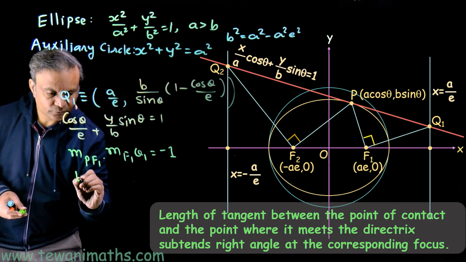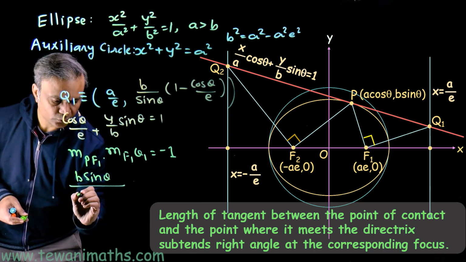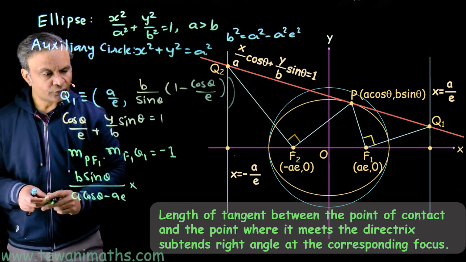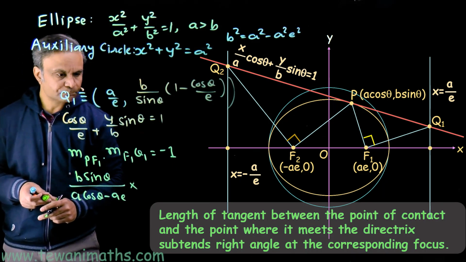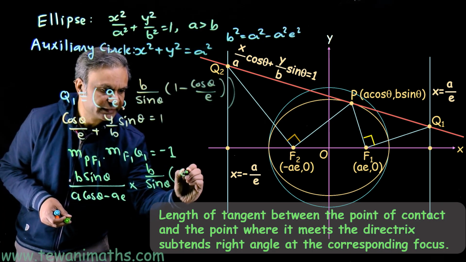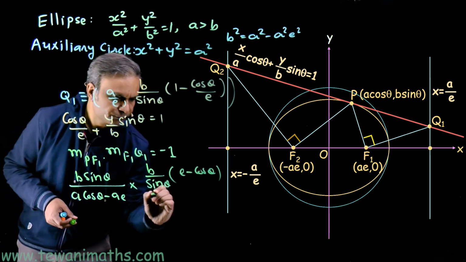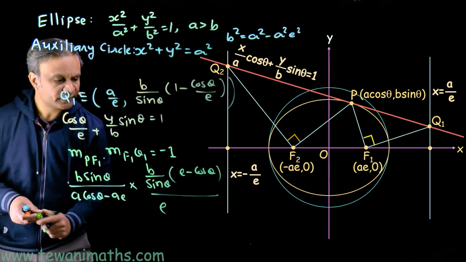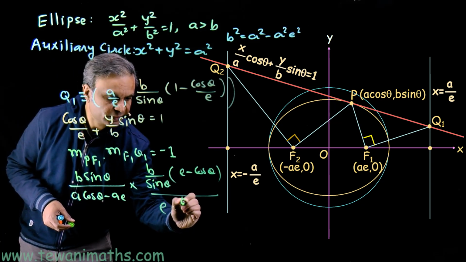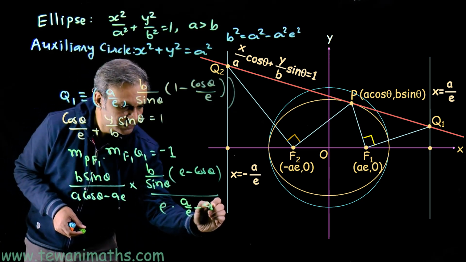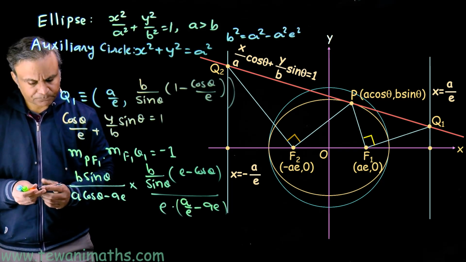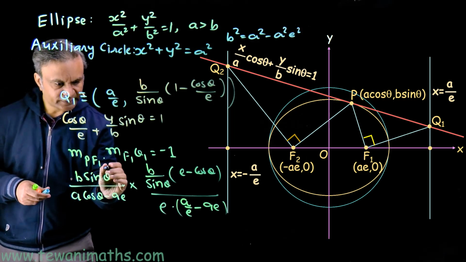Slope of PF1 is b sin theta upon a cos theta minus ae, and slope of F1Q1 will be b upon sin theta multiplied by e minus cos theta upon e, with e written in the denominator, multiplied by a upon e minus a. We have to prove that this is -1, which is simple. Here sin theta gets cancelled out.